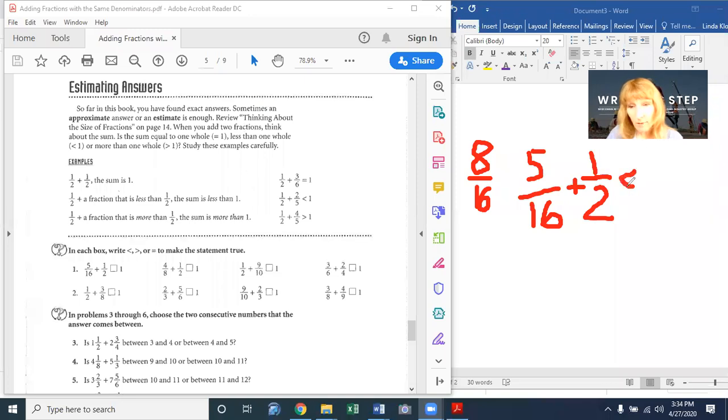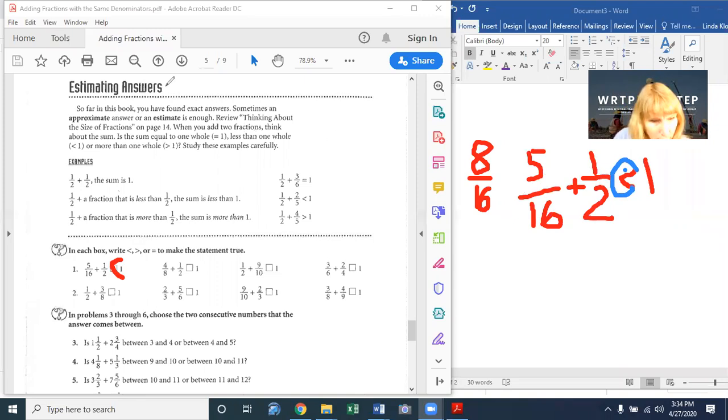Because you have to have at least another half to get to 1. So the answer in that box then is going to be less than. So remember that the open mouth always points to the bigger number. So in our case, 1 is going to be the bigger number. And I always like to draw this Pac-Man guy like here. And I say the Pac-Man guy eats the bigger number. So you can use that if you want.